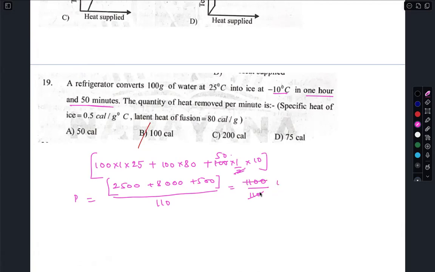No, how does 100 come? It is 10 only, isn't it? 1 minute, 25 into 100 by 11,000. 1 hour, got it. Right. Wait, one more, listen. 100 calorie. Right.